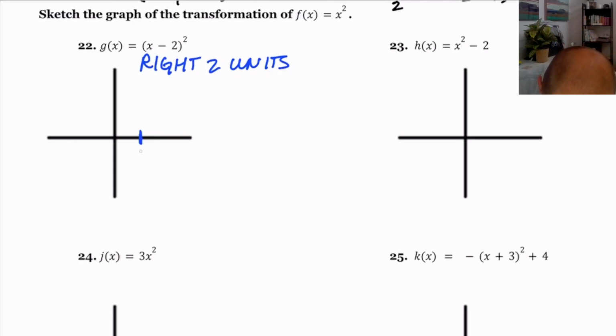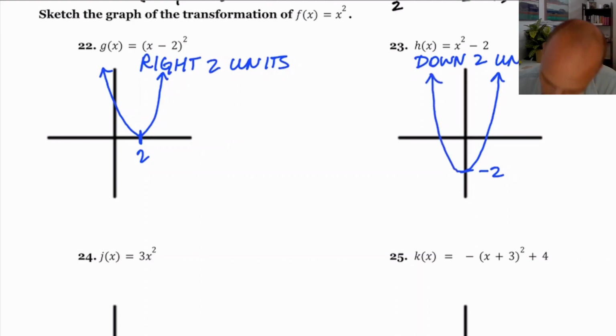So if we have 2 over here, that's the direction to the right. It's a pretty decent parabola. All right, and then h of x equals x squared minus 2 would be a shift down 2 units. So I'm going to just mark off negative 2 here, but otherwise I'd have the same usual graph of y equals x squared.